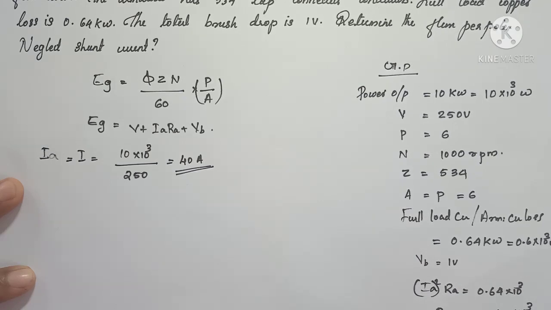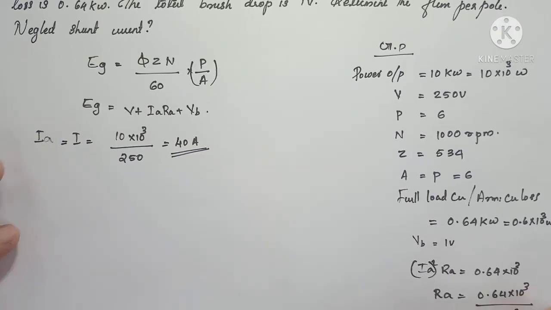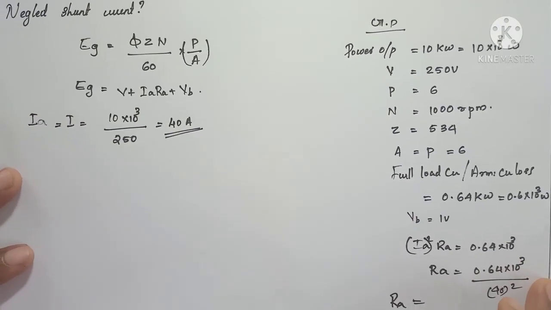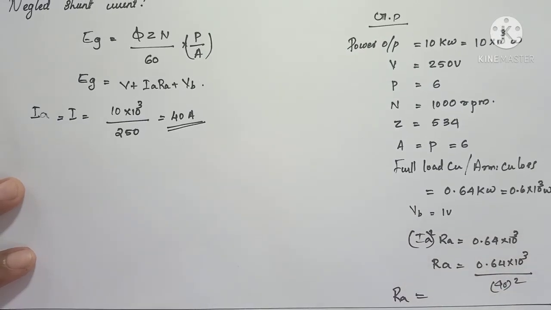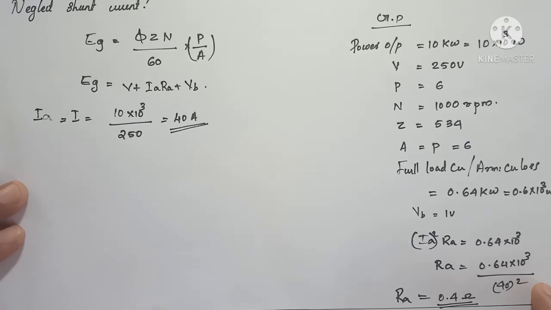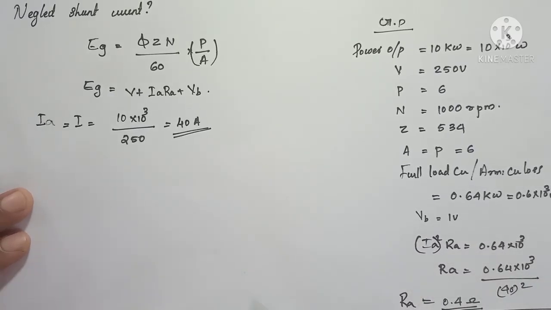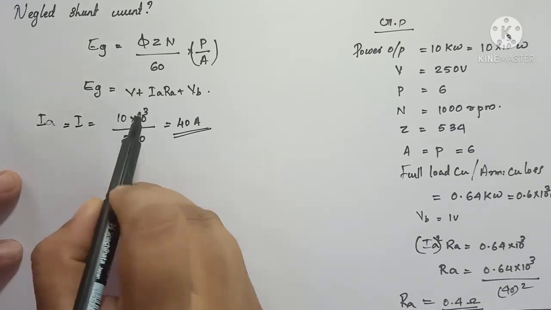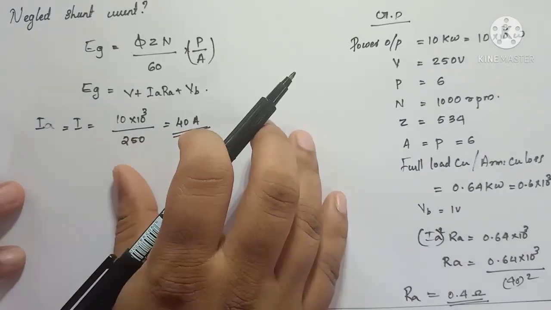After calculating we will get Ra is equal to 0.4 ohm. That is the value of Ra. Ra is nothing but armature resistance. So we can use this Ia and Ra to find out the generated voltage.